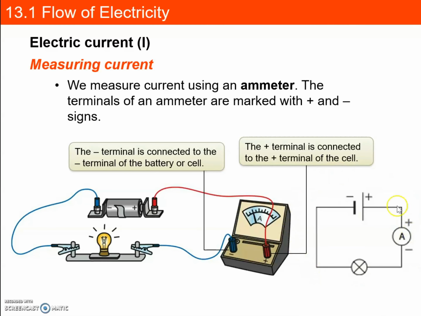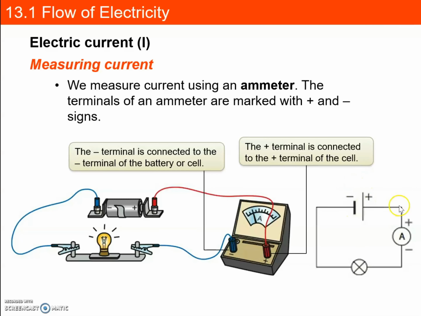Okay, so this is how your electric circuit diagram will look like. You have the positive terminal of the battery connected to the positive terminal of the ammeter, and the negative terminal of the ammeter connected to the negative terminal of the battery.